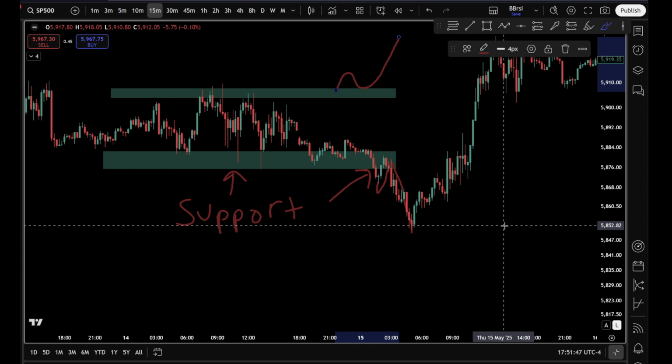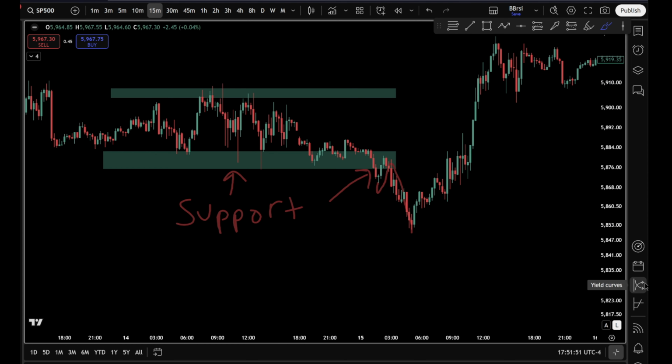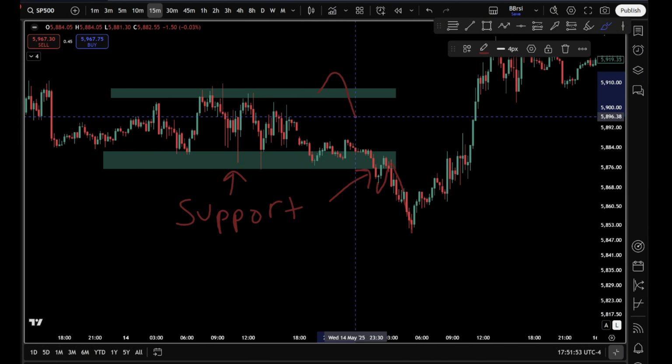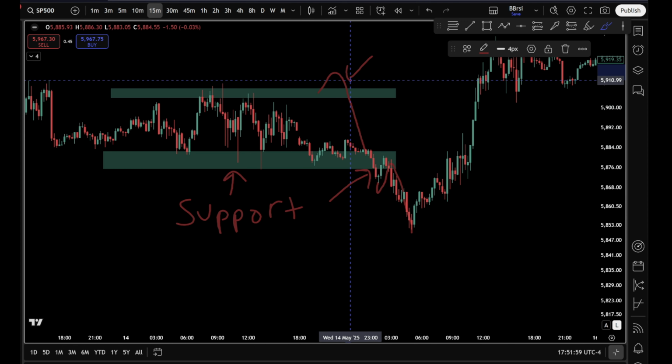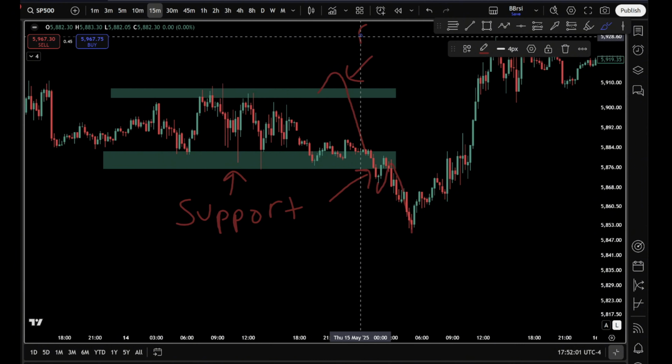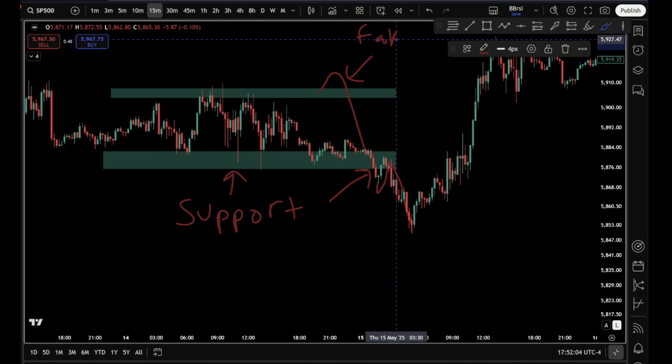Sometimes the price just goes up and comes right back down. This is a fake breakout. Right here is a fake breakout.